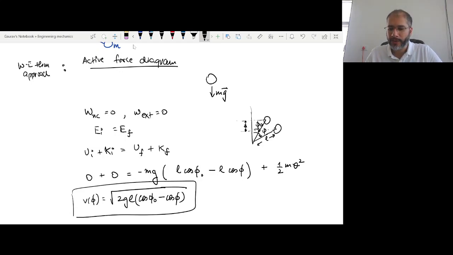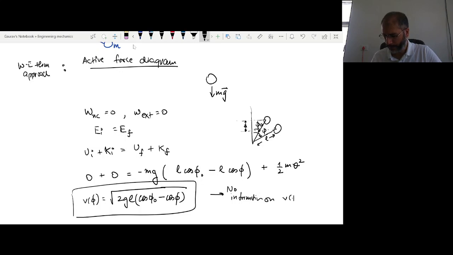In case I had asked you how v depends on time, there is no information on v as a function of time. But that's okay. If the aim was simply to get v as a function of the angle phi, then we are happy with this situation.